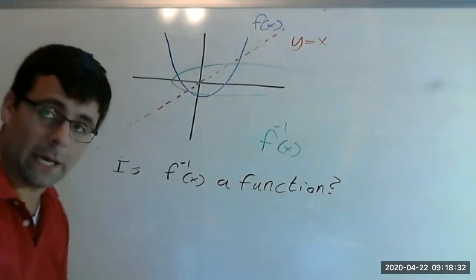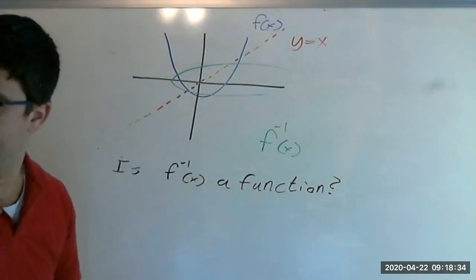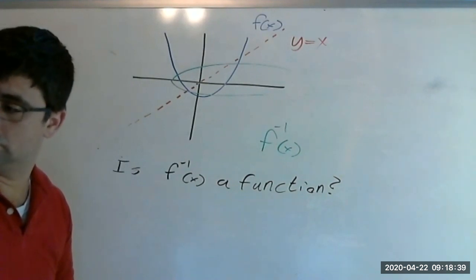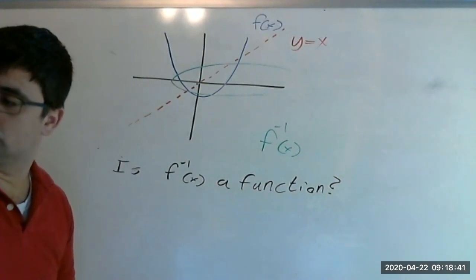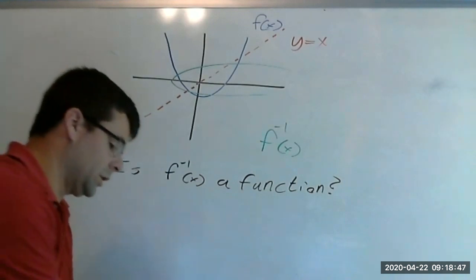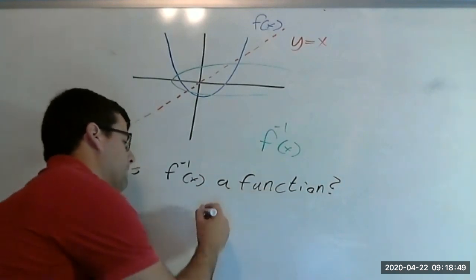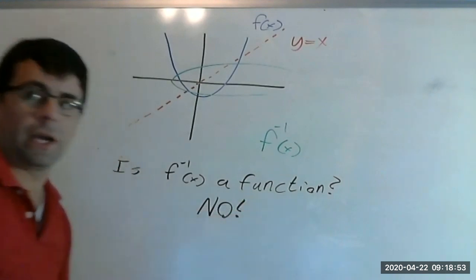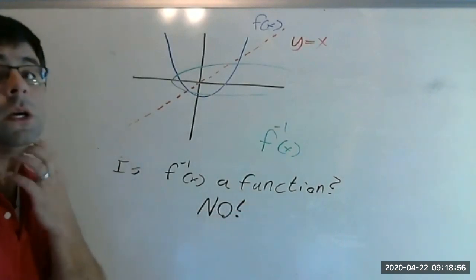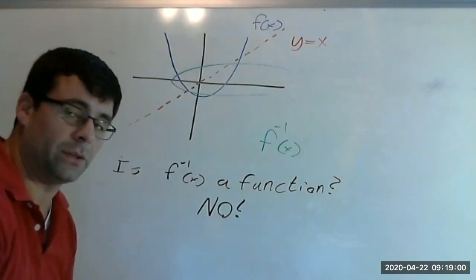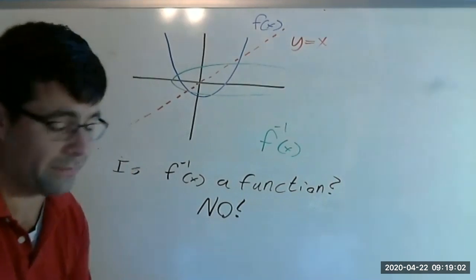No. Why not? Because when you do the vertical line test, it crosses over more than once. Exactly right. So it does not pass the vertical line test, so it is not a function. Okay. Is there a way we could have figured this out before we found the inverse?